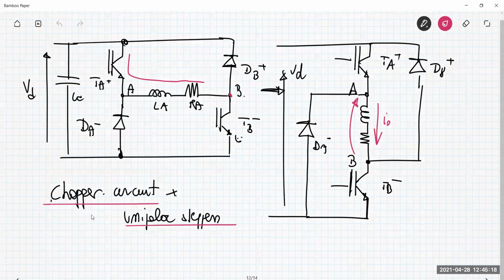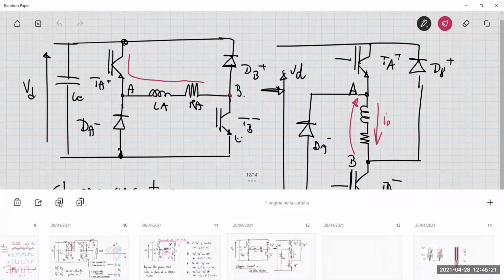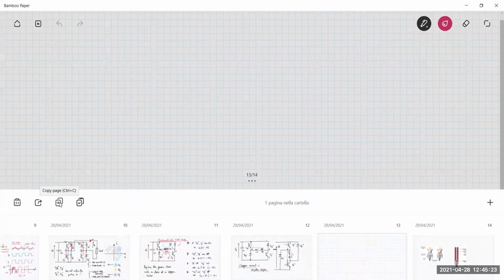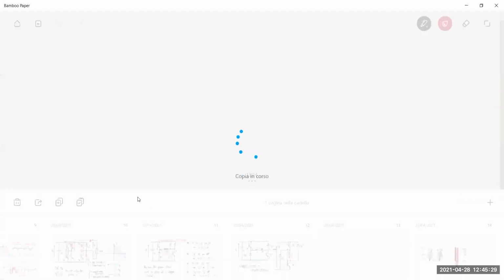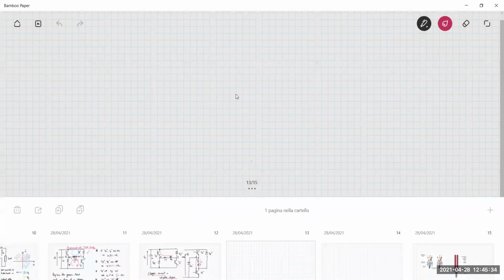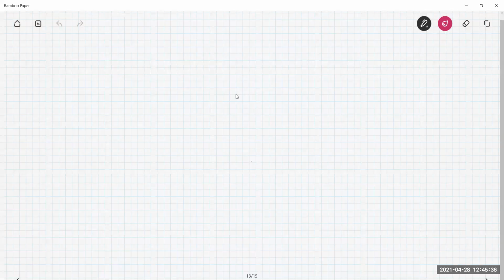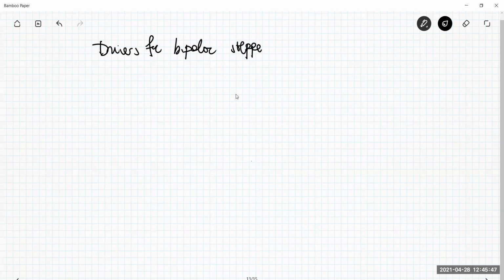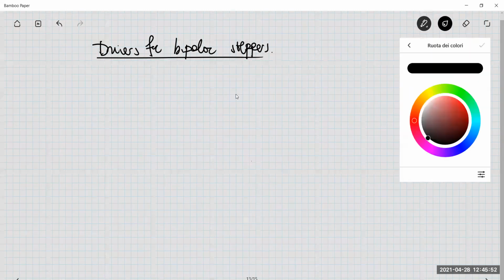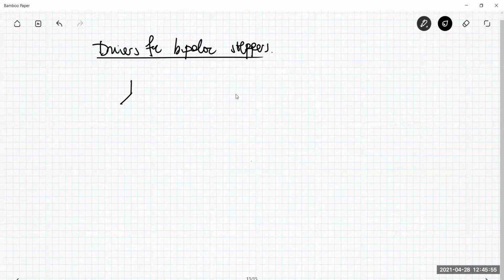And because you know that there exists the four-quadrant converter in which you can have the bidirectionality of the current, here, if you want to make the drivers for bipolar steppers, I can simply use the four-quadrant converter.